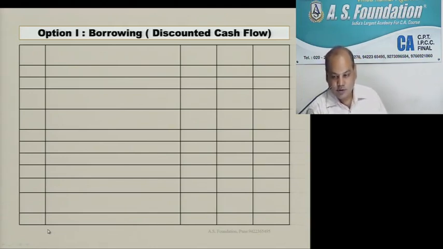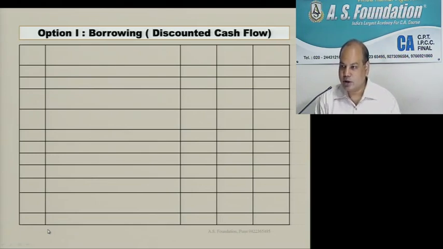Now write down first option 1, borrowing. Under that write down present value of cash flows. For borrowing option, all details are available: cost of the asset, borrowing, installment, interest, depreciation, salvage.